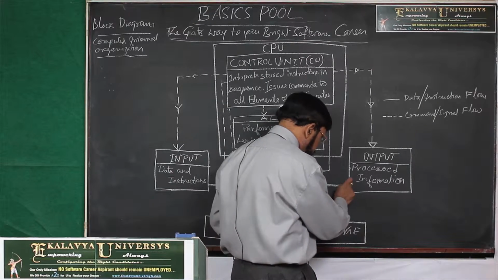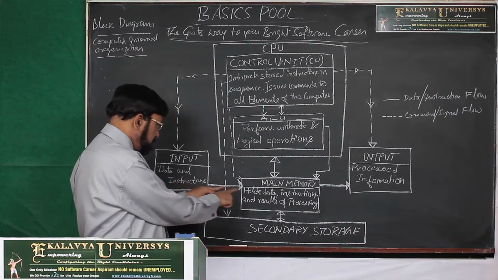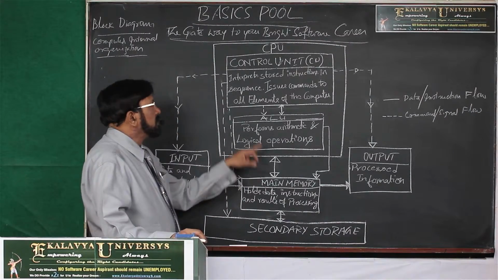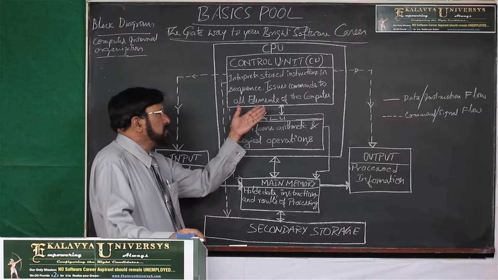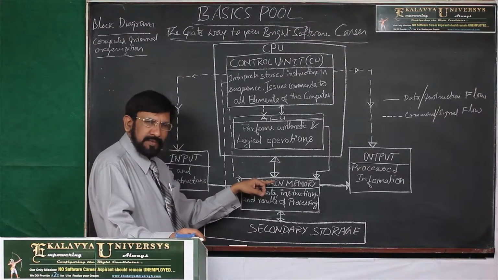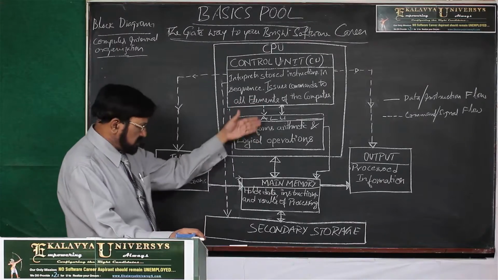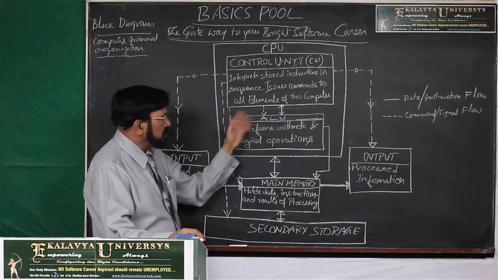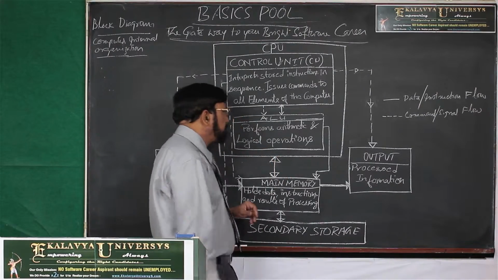That direction you also see. Main memory to output unit, input unit to main memory, the direction is one side. And this one you see, CPU to main memory. So from CPU to main memory, data goes both sides. That you have to understand. Whatever processed data comes to the main memory, and the raw data is sent to the main memory. That's why you can find a two-way direction here.